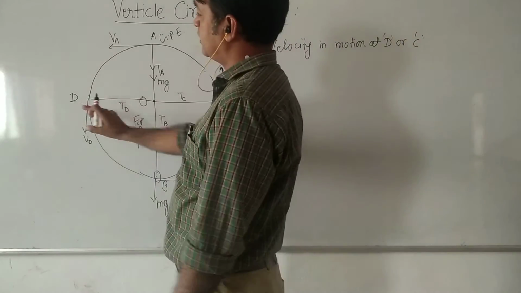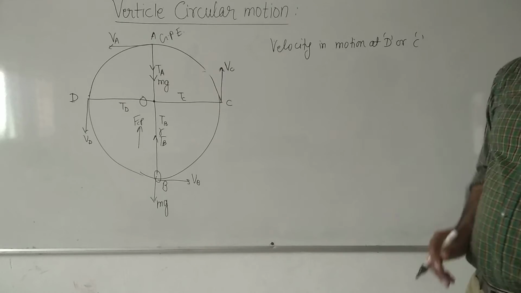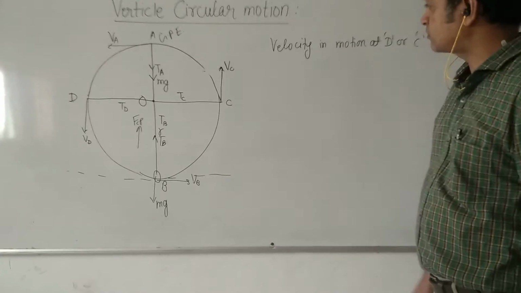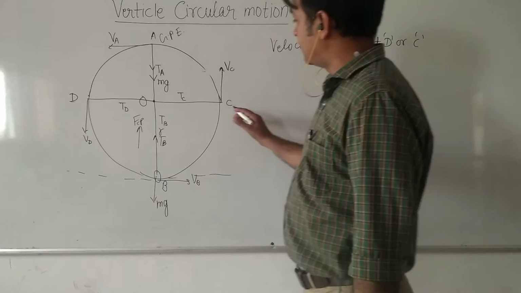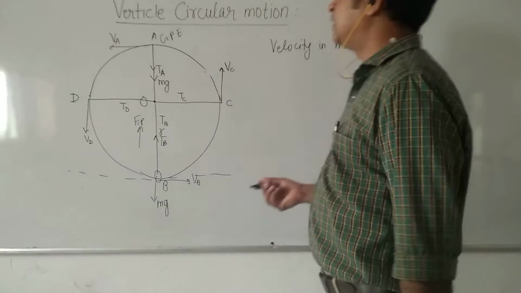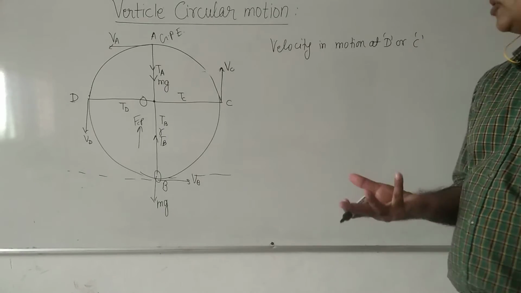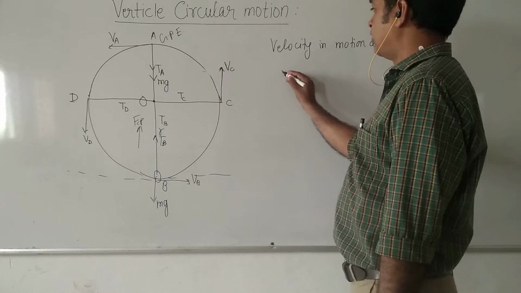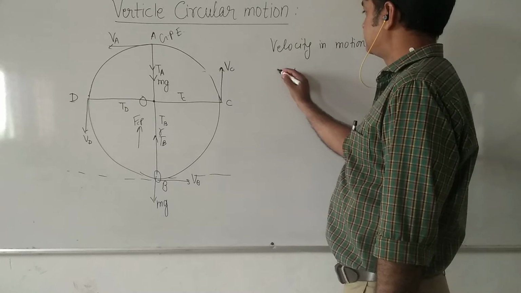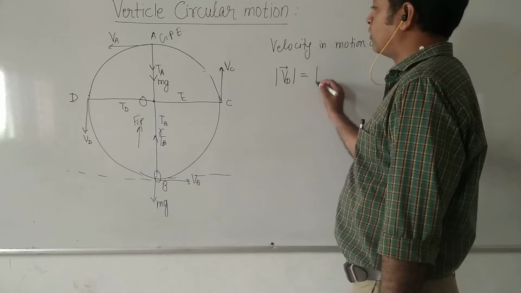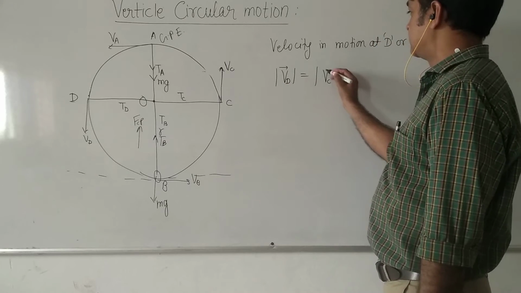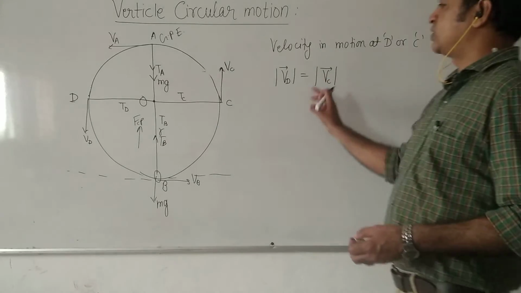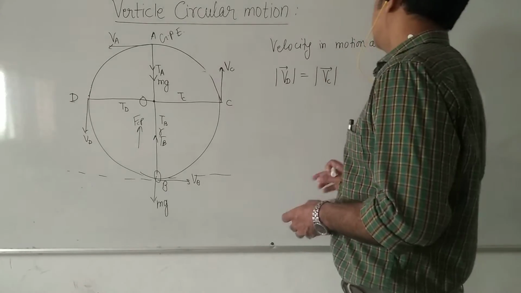At these points, velocity will be equal because both are the same height from the bottom, and energy at these points will be equal, but direction of velocity opposite. But in terms of magnitude, velocity at D point is equal to velocity at C point. So we find any one velocity, which is equal to the other one.